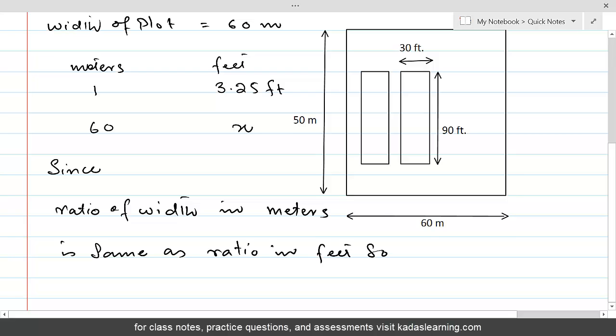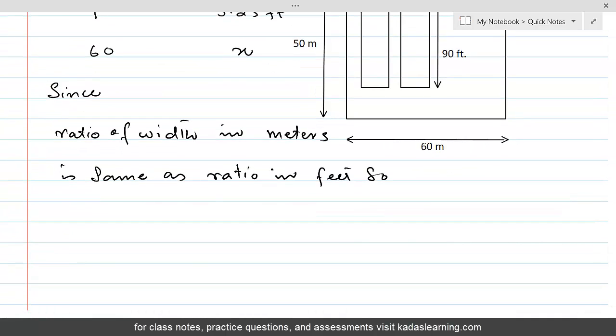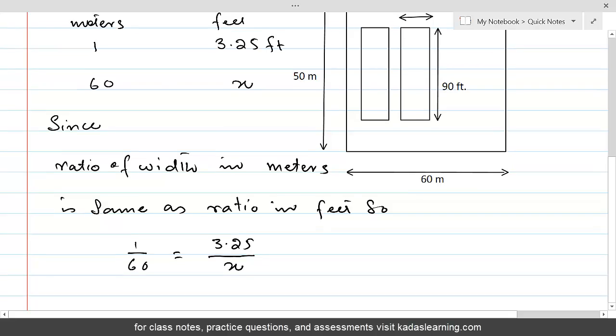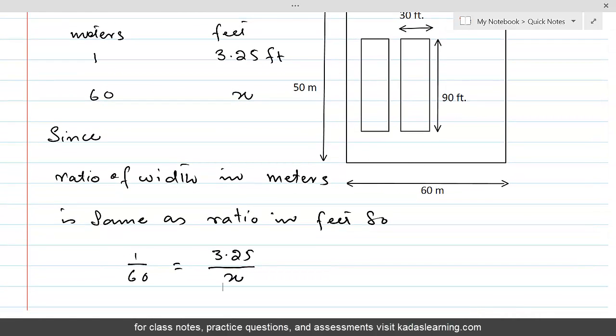So 1 over 60 is same as 3.25 over X. We divide both numbers on the left side and we divide both numbers on the right side. This ratio must be same.